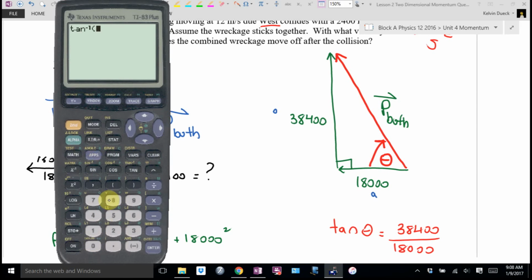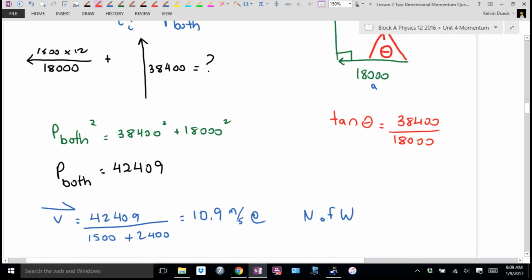Shift tan of 38,400 over 18,000. You get 64.9 degrees. I'd take 65 degrees to 2 sig figs. That also kind of looks about right in my picture to scale. If I got 10 degrees, I'd be nervous because I've drawn my picture to scale, and it does look like it's above 45. Yeah? So 64.9 degrees.